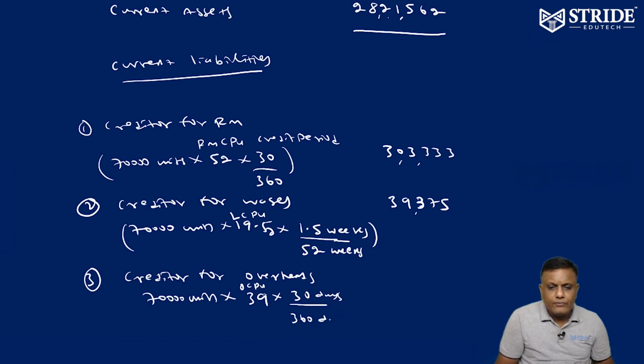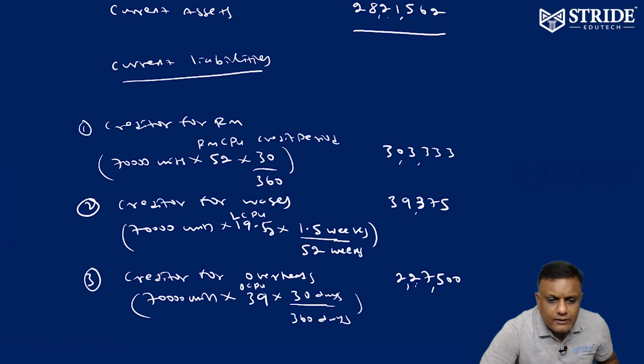So the creditor for overhead answer is 2,27,500, right?